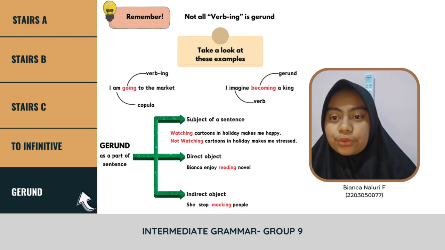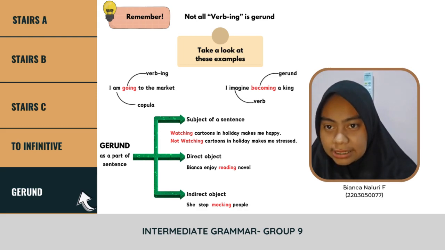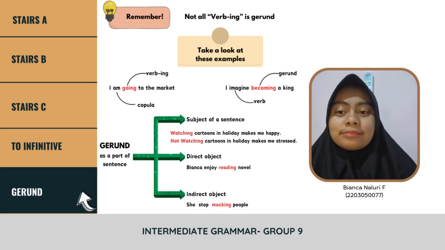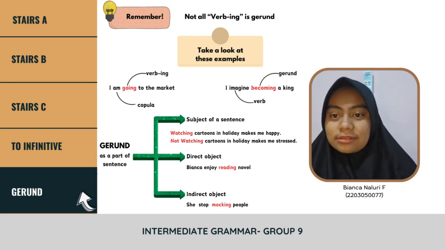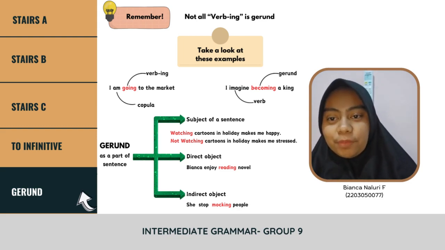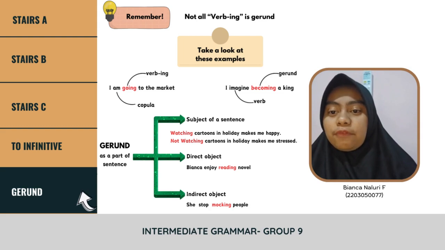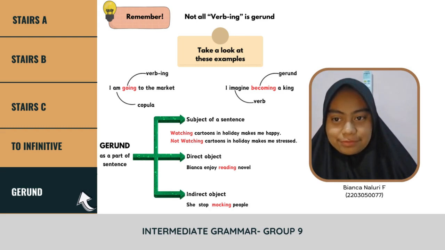And then we move to the second example. I imagine becoming a king. The word I here is a subject or noun phrase one, and then imagine is the verb, and then becoming a king. So before becoming here, take a look at the red words. Before becoming, we have a verb.